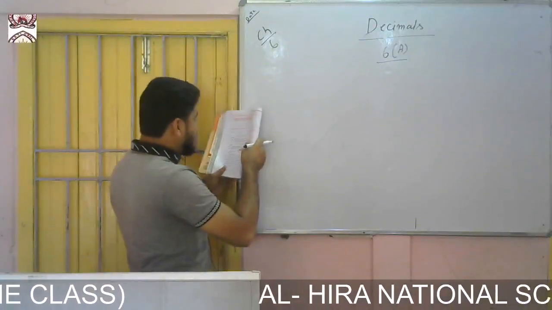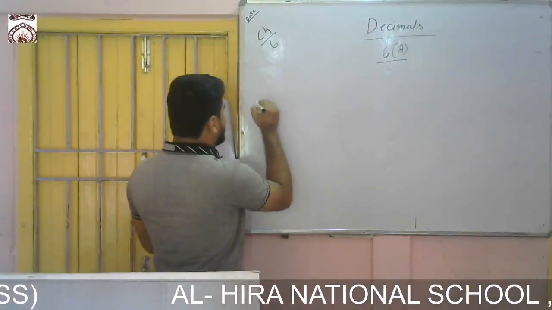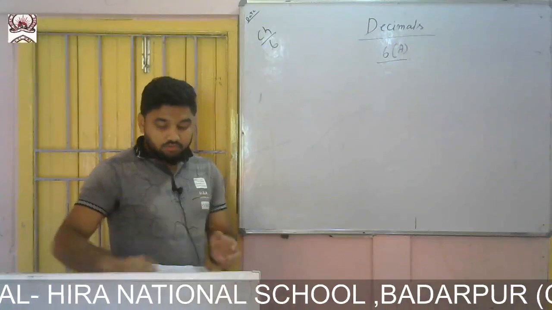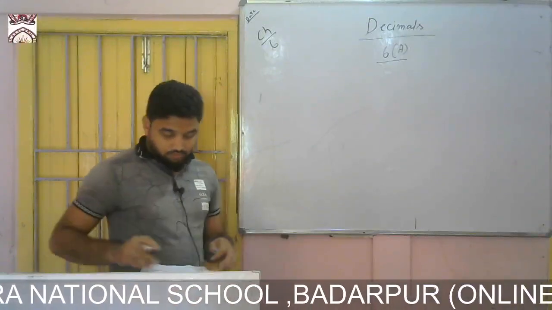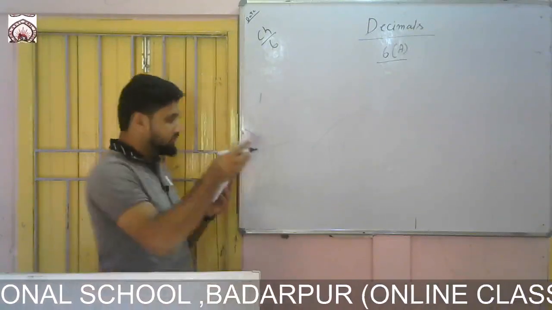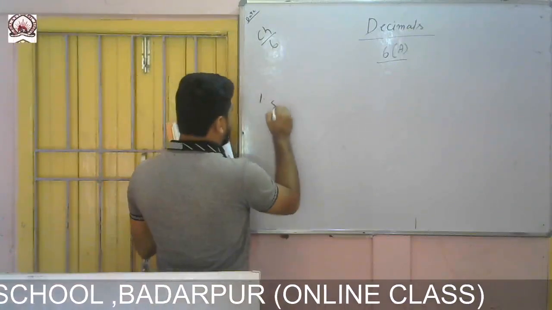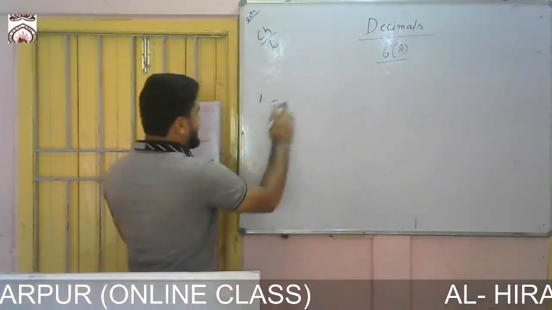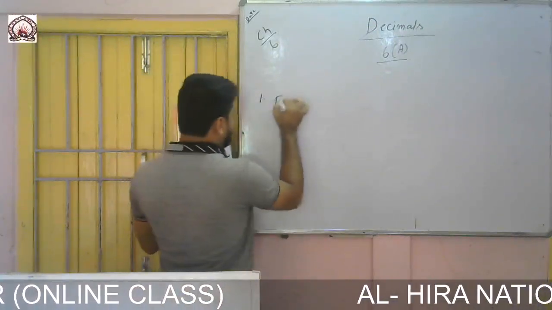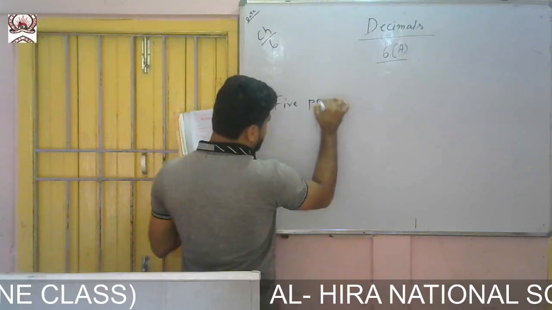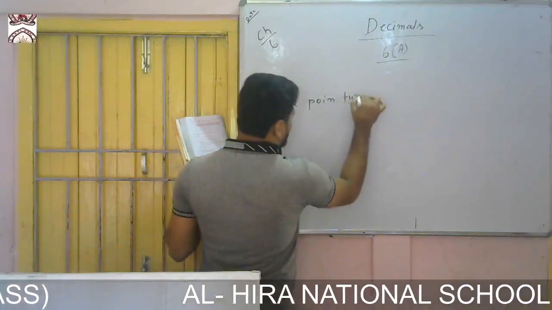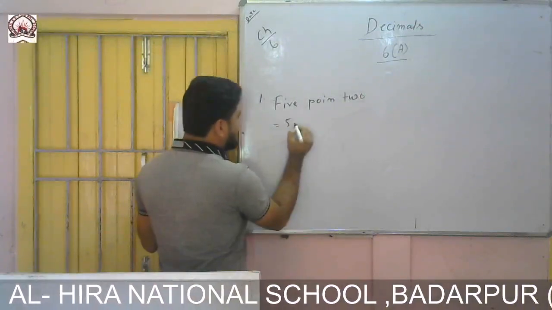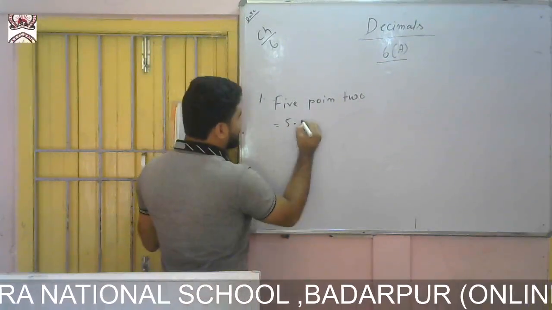So see what is there. First one is 5.2. So it is very easy. 5.2. That means 5 in numerals is 5, point means this decimal point, and 2.